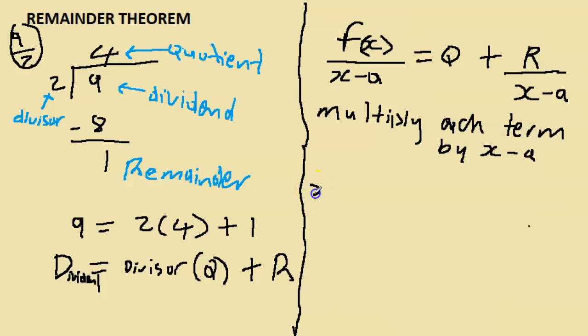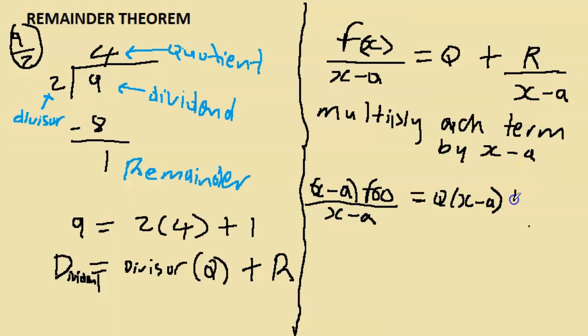So with x minus a times f of x over x minus a, and then x minus a times q, or q times x minus a, whichever, that is not important when I'm multiplying, and then r over x minus a times x minus a.